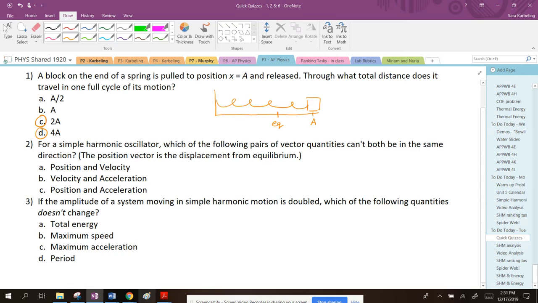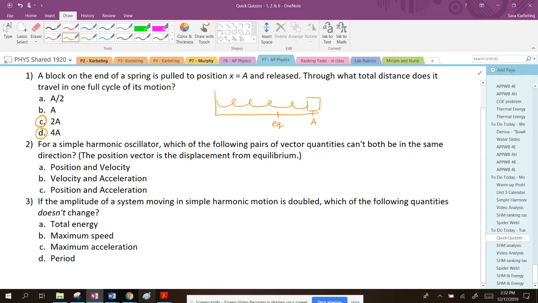If that's A, then you go to equilibrium, and then you go to negative A. That's 2A, but it's only half an oscillation. Then you have to go back to equilibrium, which is another A, so that's 3A, and you have to go back to your original spot, which is 4A. Does that make sense?